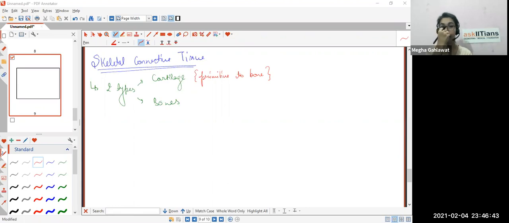Cartilage is the one responsible for making the tip of the nose and the ear pinna. Cartilage is an elastic tissue which helps in regaining shape. If you push the tip of the nose, it will bend inward, and if you release it, it will regain its shape.